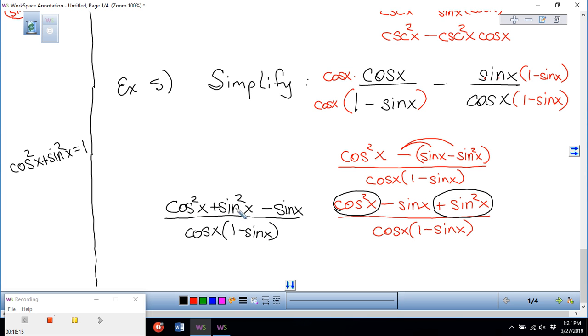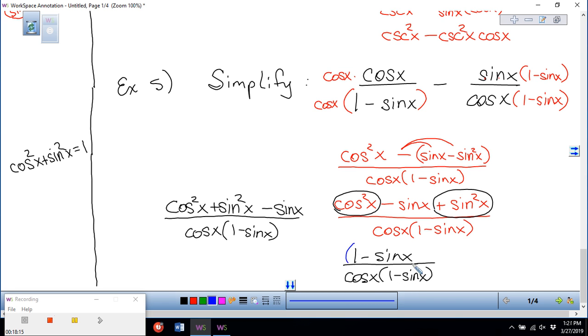Well, what is cosine squared of x plus sine squared of x? If I add those together, I get 1. So I have 1 minus sine of x over cosine of x times 1 minus sine of x. And from algebra, we know that if you have the same quantity in the numerator and in the denominator, and it's all multiplication, then you can cancel them.